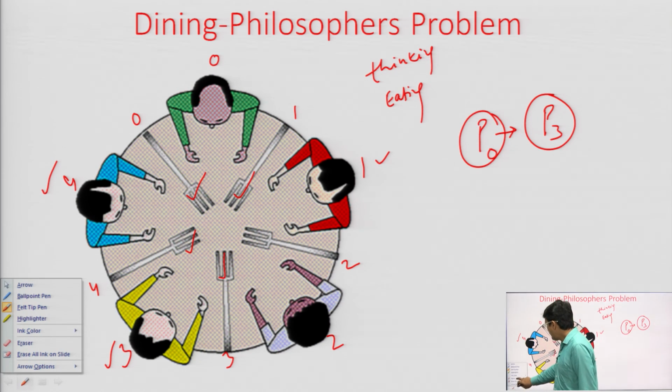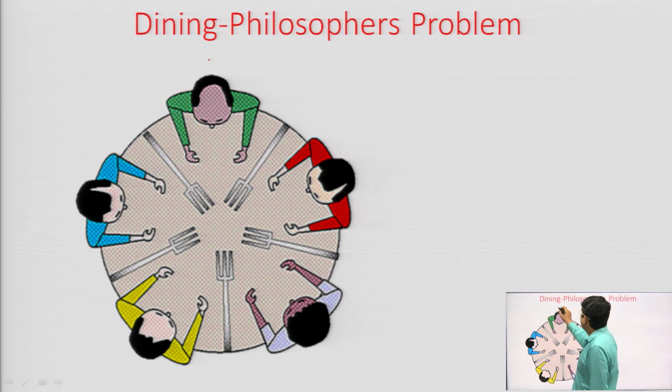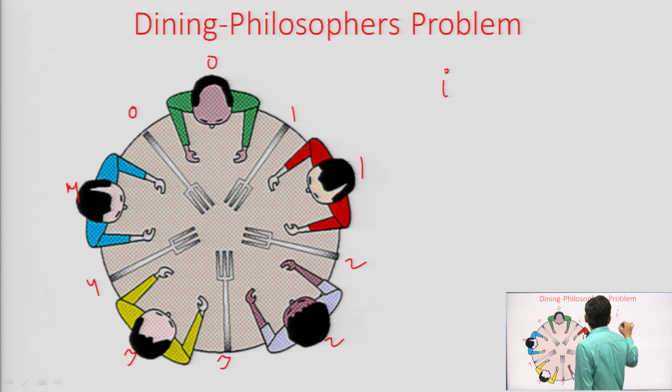So, what is required here is that the ith philosopher should have access to the fork on the left and the fork on the right. If this is the ith process, then the fork on the left is I and the fork on the right is I plus 1.